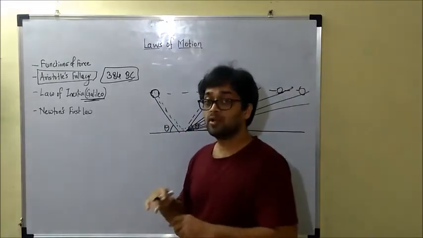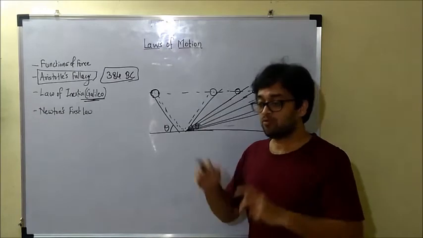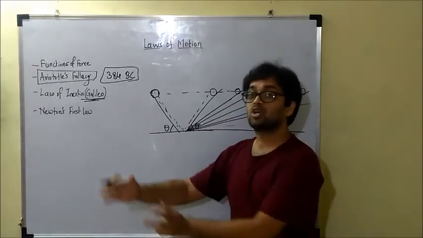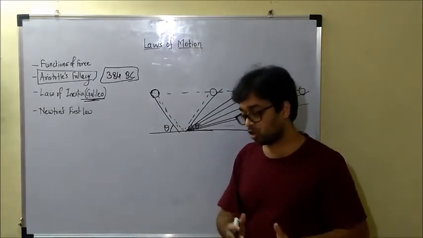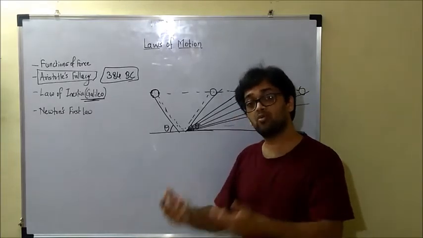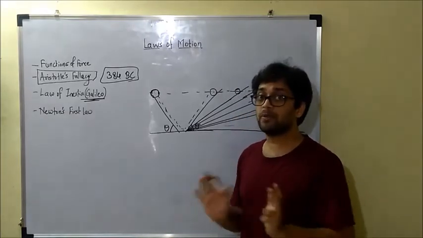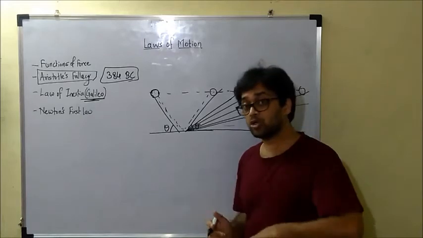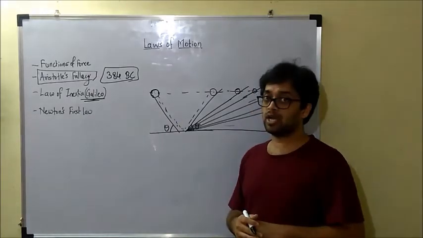What did he conclude? No force is necessary for an object to move with constant velocity. If an object wants to move with constant velocity, it can move on its own. You don't need to apply any force to it. But if you want to stop it, then you will have to apply a force.